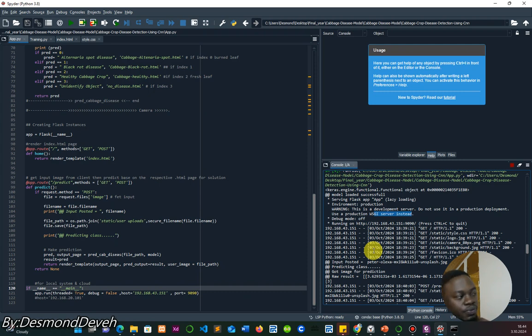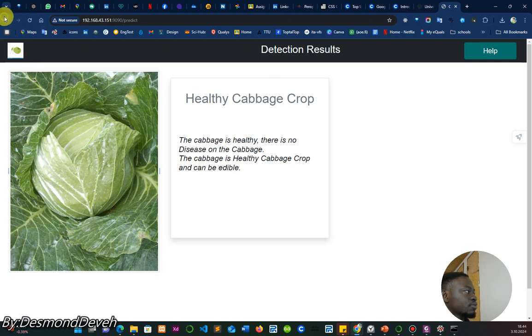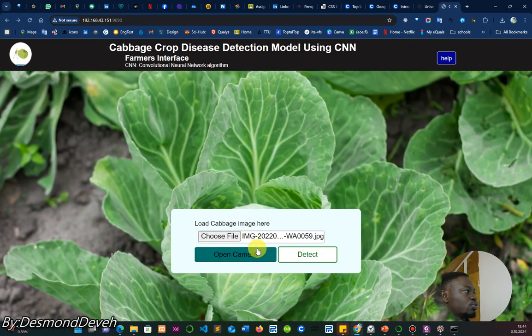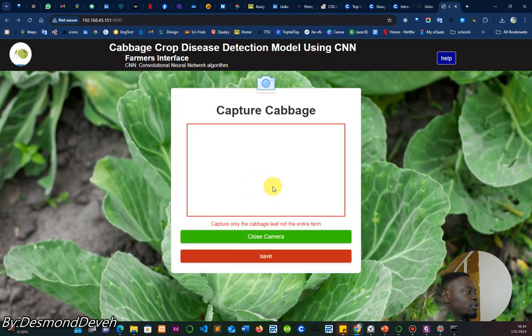So in the near future, I plan to expand this project and make it a real-time project. In real time, I expect that you should be able to use a camera. When you open a camera, it should bring you a video.